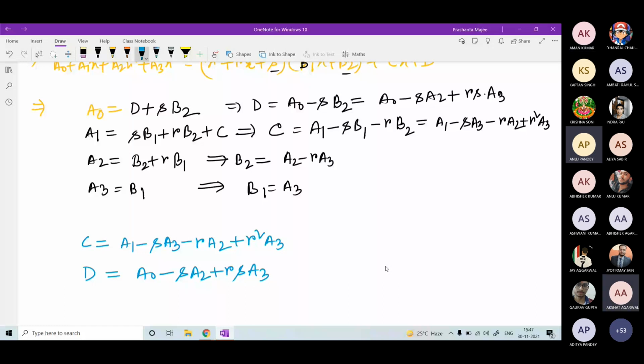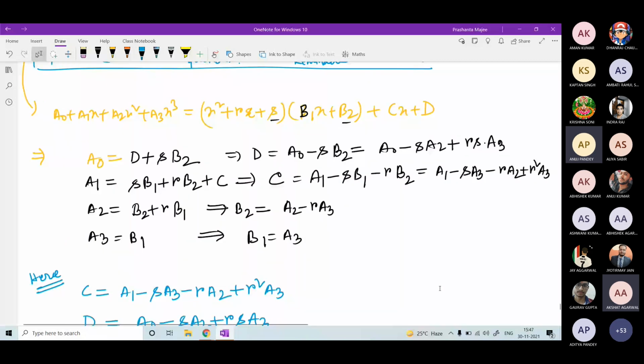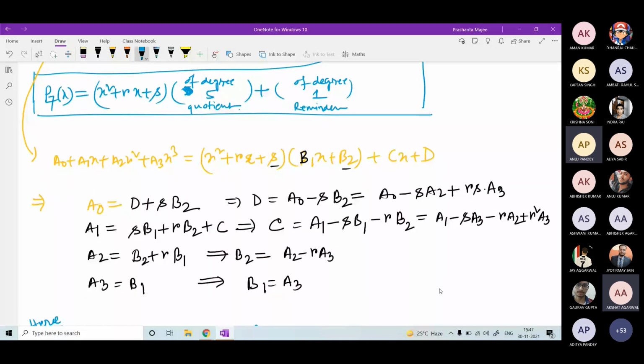Yes, sir. Okay. Now tell me, when will the approximated factor x square plus small r into x plus small s be an exact factor? If C and D equal 0, there is no remainder. If there is no remainder, then the approximated factor will be the exact factor, yes or no? Yes, sir.